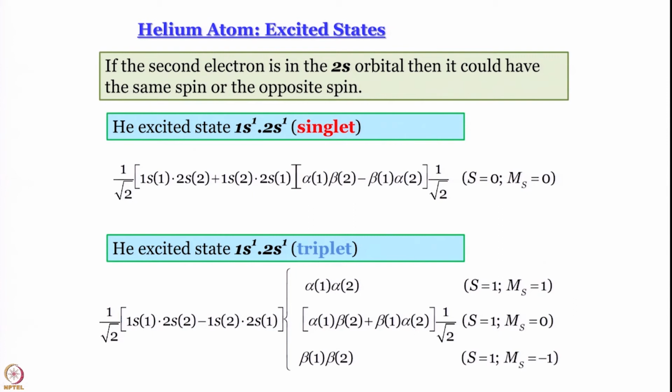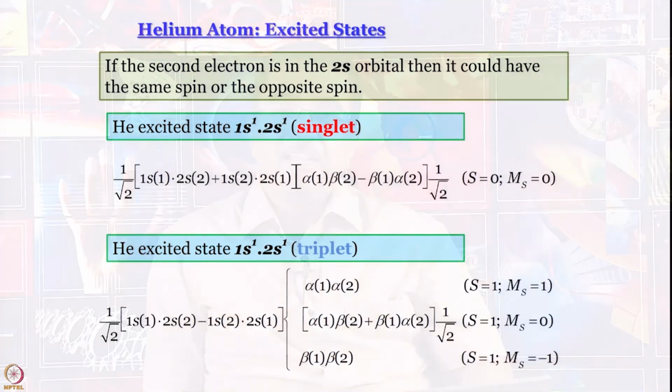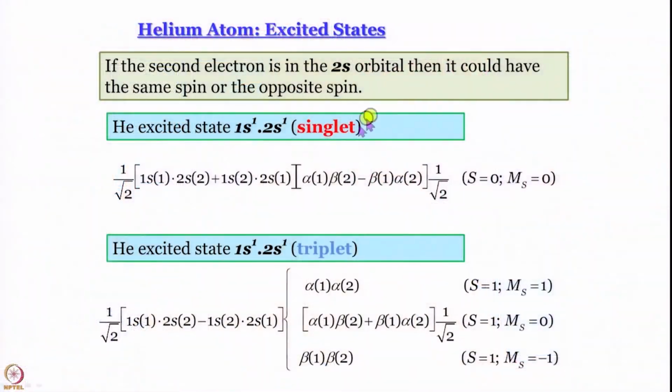But what I am saying is that the singlet and triplet actually has got to do with the total number of wave functions associated with these states. For a singlet state where capital S equals 0, you have only one single wave function. For a triplet state where capital S equals 1, ms varies, you have 3 wave functions.